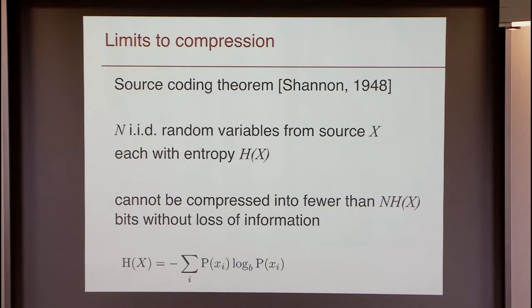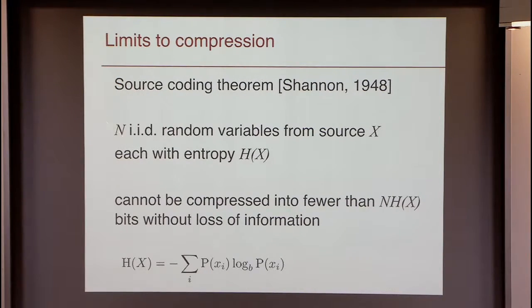So Shannon in 1948 demonstrated a fundamental lower bound on the size of a data set if you don't want to lose data. Or you could think of this as a fundamental upper bound on how good a compression ratio can be.